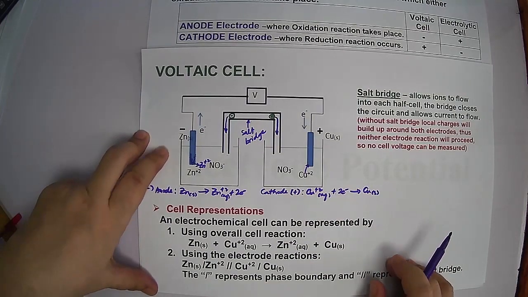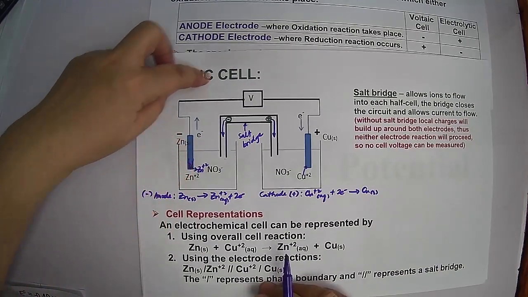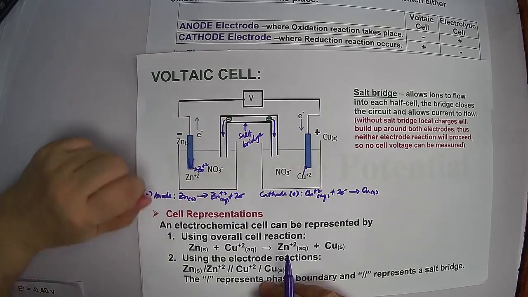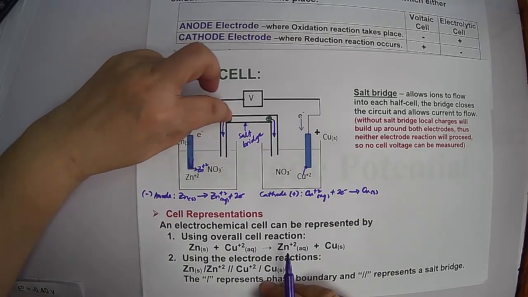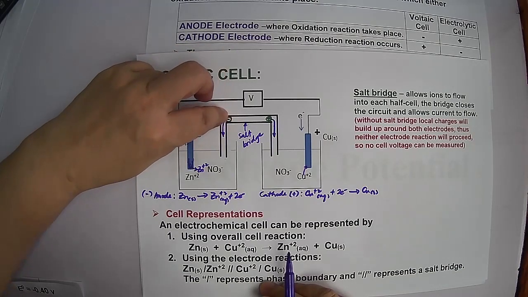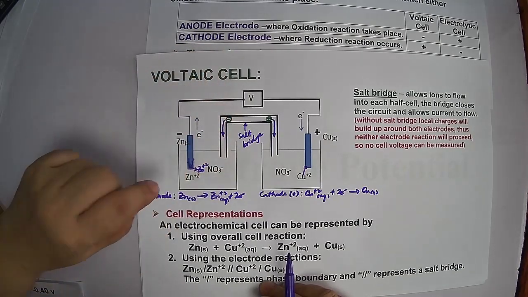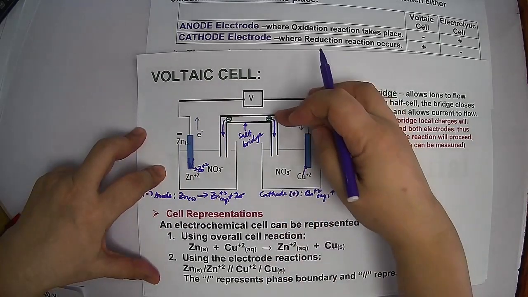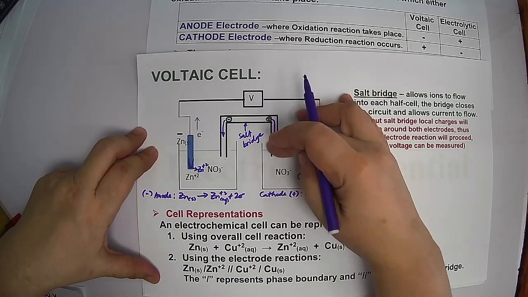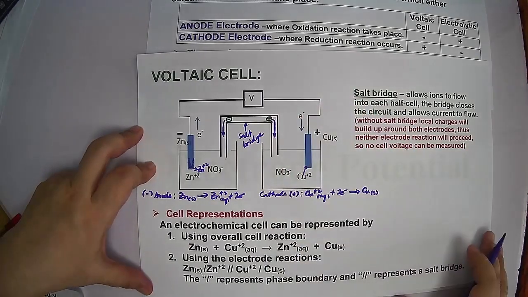Then, the electron is flowing from anode to cathode in a Voltaic cell, and the anion is moving towards the anode, and the cation from the electrolyte of the salt bridge is moving towards the cathode terminal.